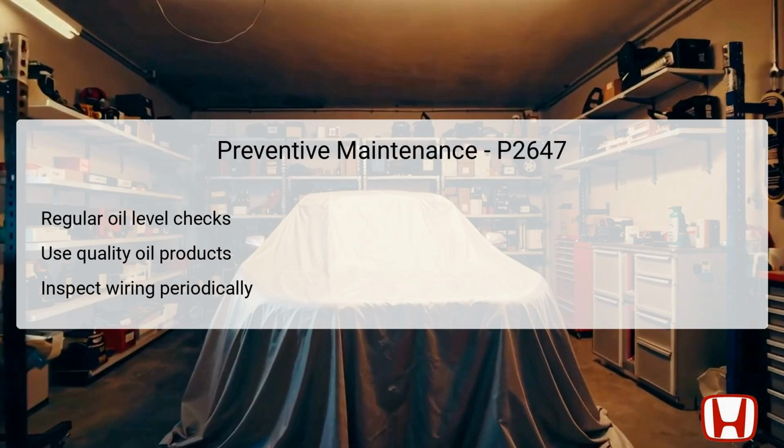Additionally, periodically inspecting the wiring and connectors associated with the rocker arm oil pressure switch and PCM can help catch any potential issues before they escalate into serious problems. This proactive approach promotes long-term vehicle reliability and performance, ultimately saving on repair costs.